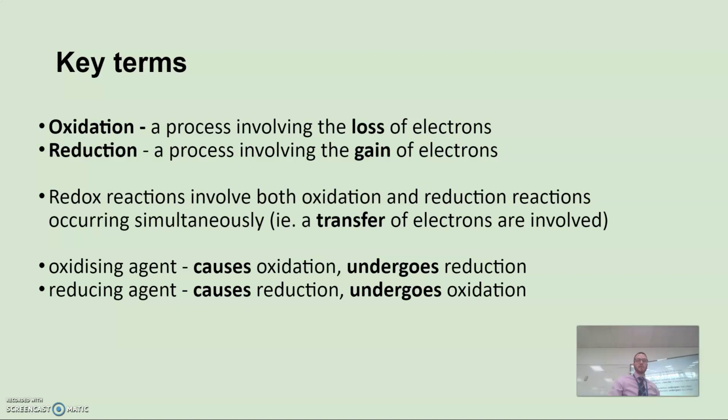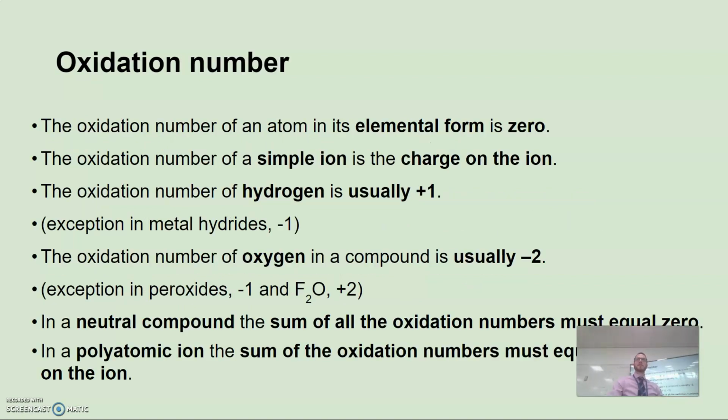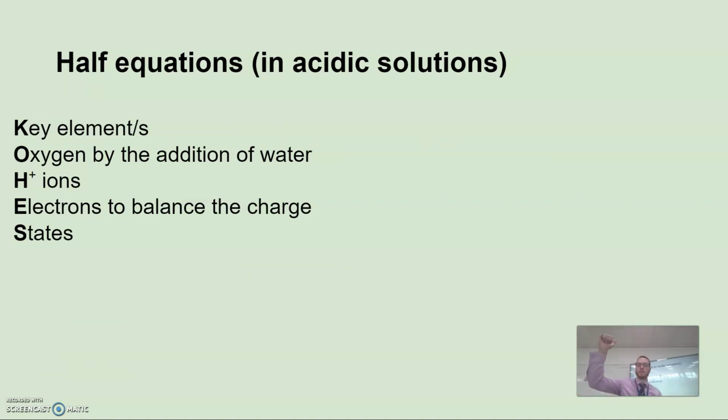Transfer of electrons occurs. An oxidizing agent causes oxidation and undergoes reduction. A reducing agent causes reduction and undergoes oxidation. Oxidation number, not going to worry about that too much, but remember, it's only in acidic solutions.